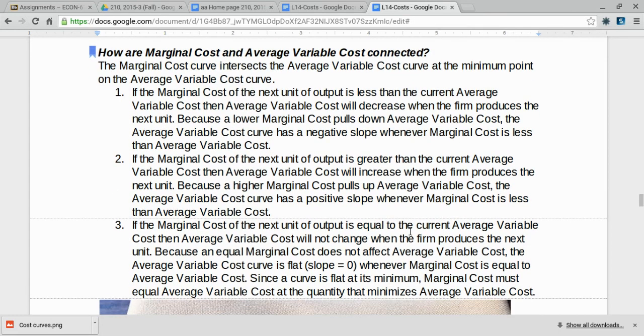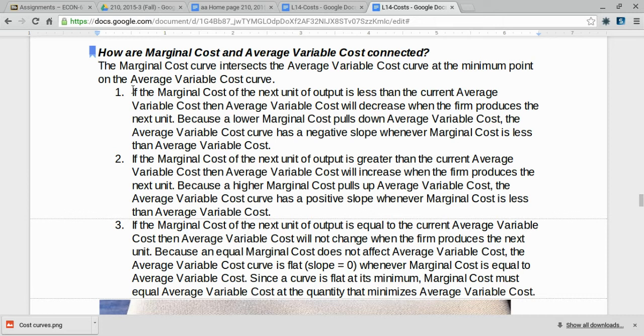Now, marginal cost and average variable cost are connected in the same manner as marginal cost and average total cost. The marginal cost curve intersects the average variable cost curve at the minimum point on the average variable cost curve.